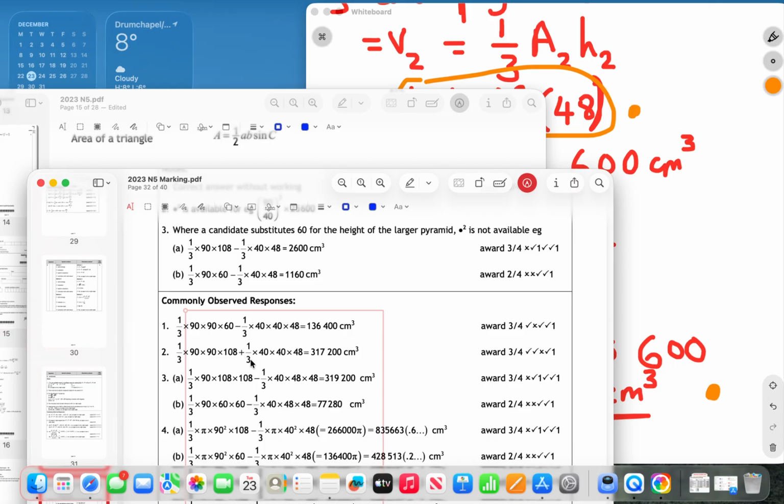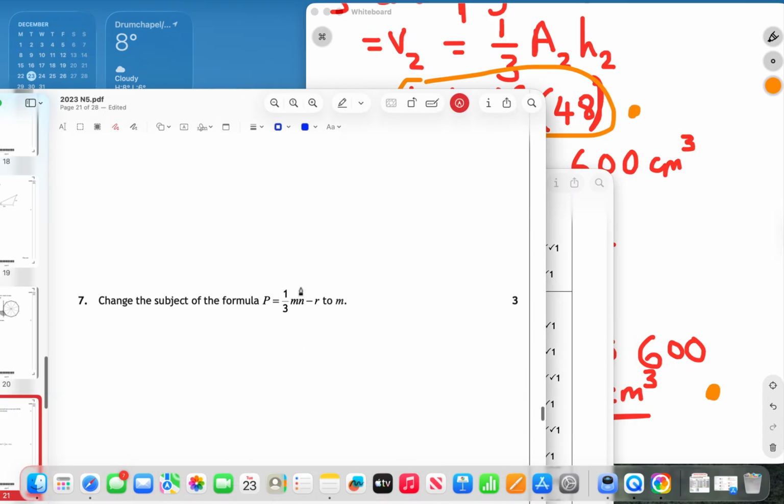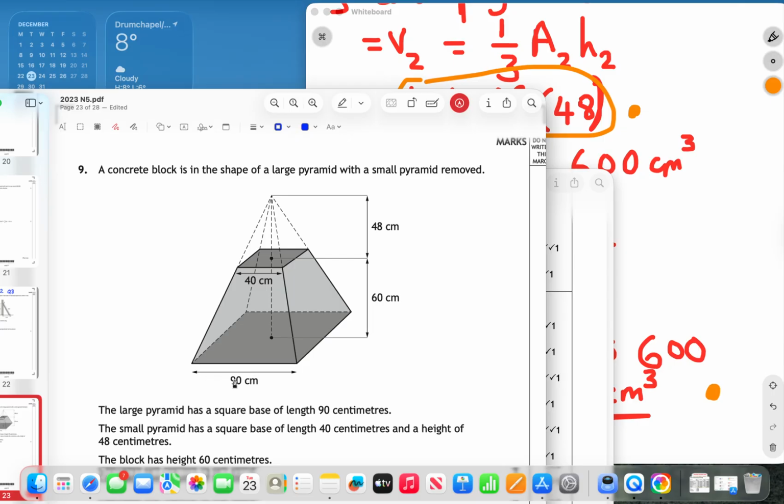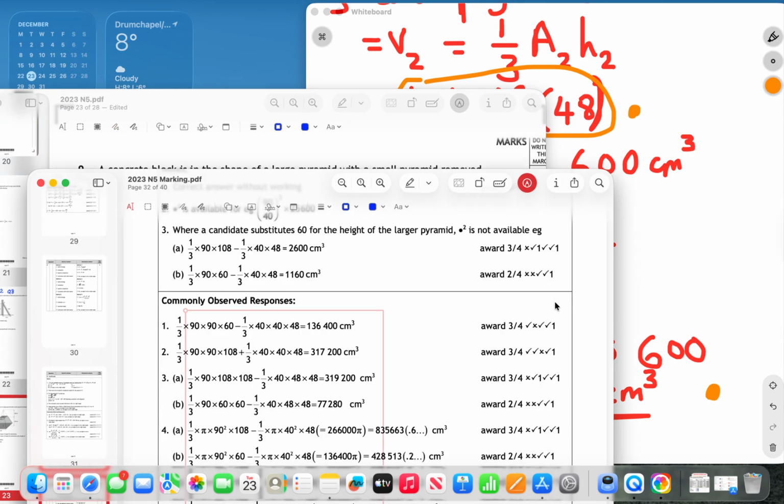So that caused issues. Other issues included forgetting to square 90 and 40. We're given 90 for the length of the base, but you had to square to find the area. Many people forgot to do that.